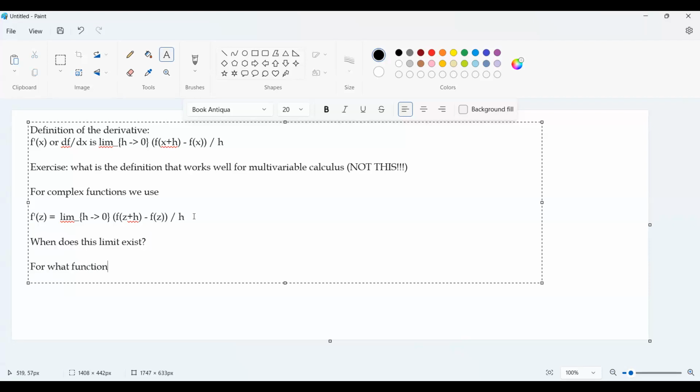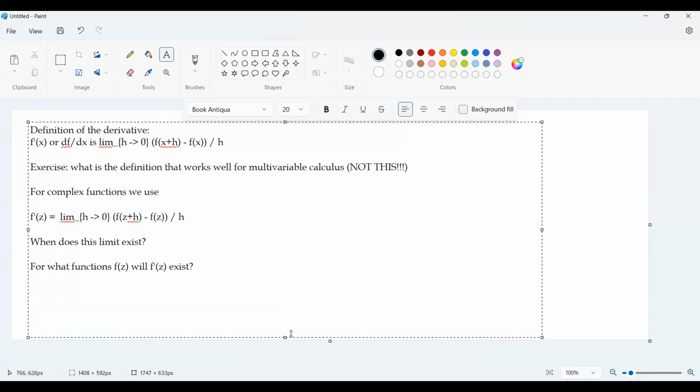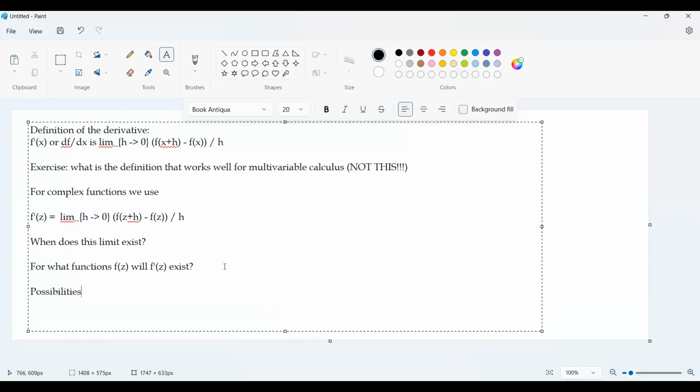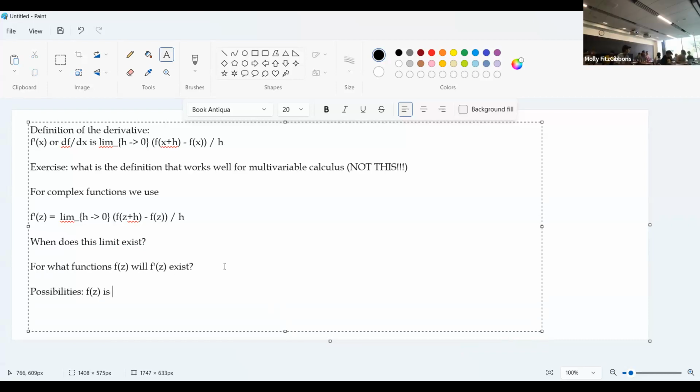For what functions f of z will f prime of z exist? Does anybody have any thoughts about some good choices? Like complex polynomials.